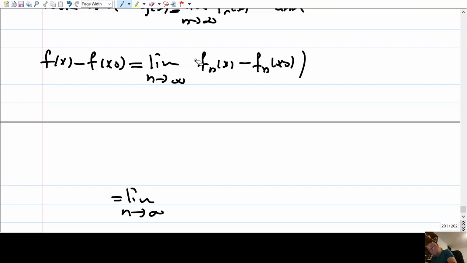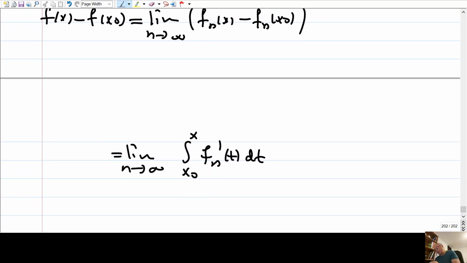This is nothing but, from the fundamental theorem of calculus, the integral from x0 to x of f_n prime(t) dt.